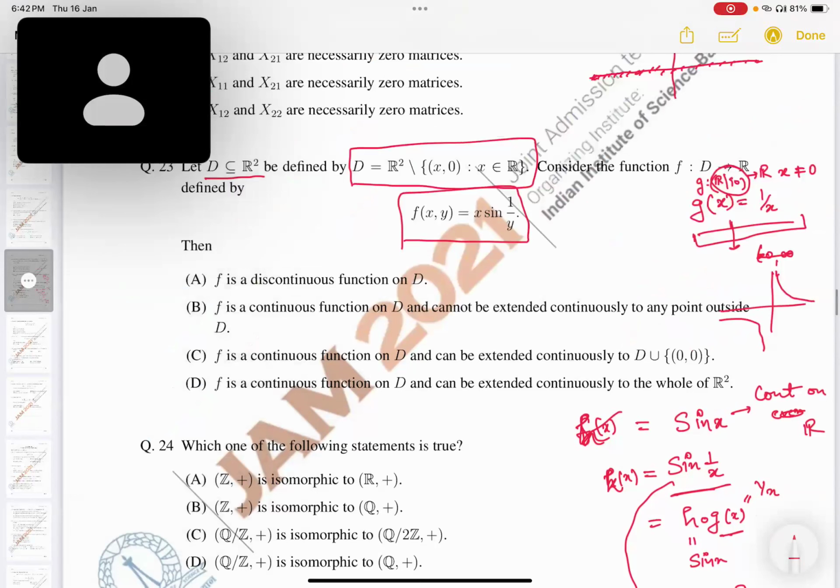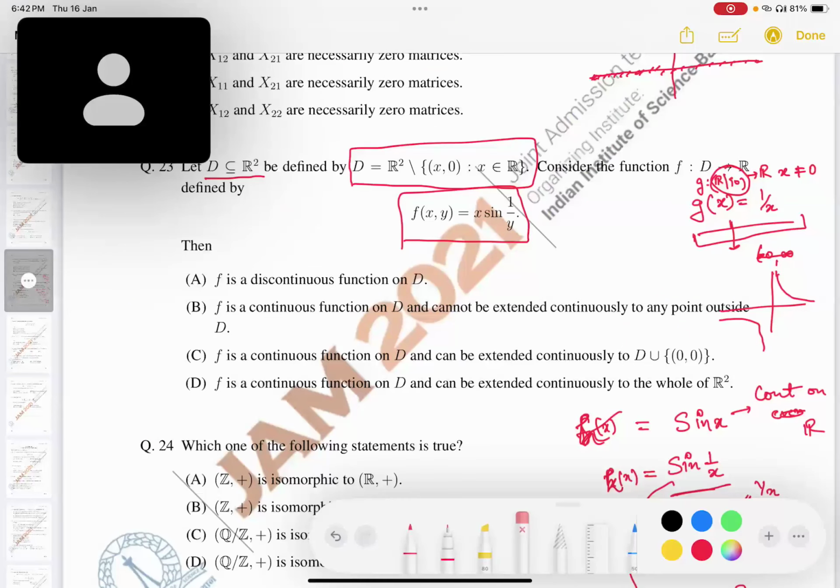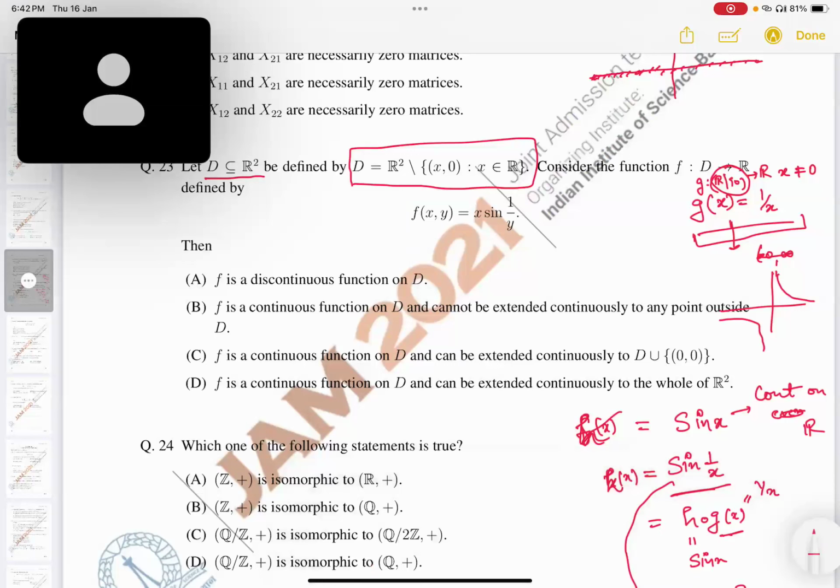Now in particular, this part is continuous if y is not equal to 0, and the first part is always continuous because it's a polynomial. The product of two continuous functions is always continuous, so in total the product is continuous for y not equal to 0.